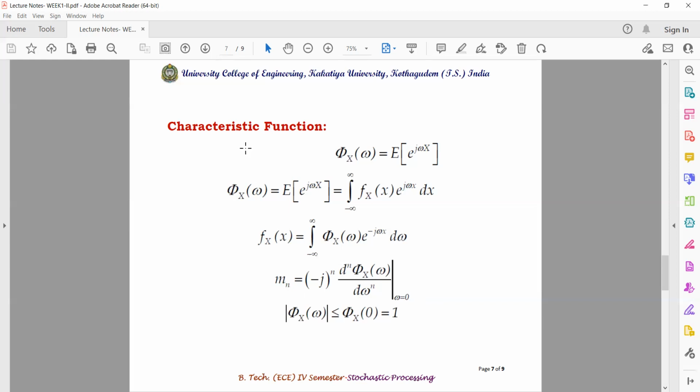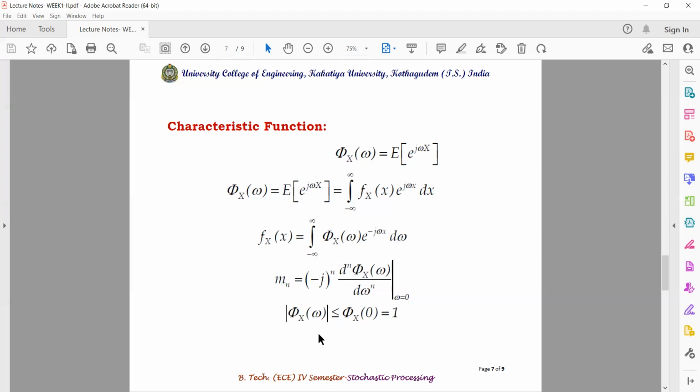If you want the first order moment, minus j whole power 1 times d phi x of omega by d omega, substitute omega is equal to 0 after doing the differentiation. Likewise, you can get all the moments of nth order from the characteristic function by doing the nth differentiation and substituting omega is equal to 0.